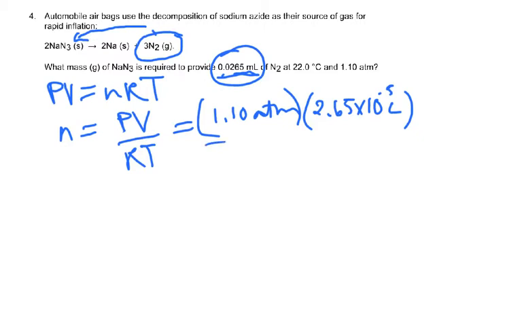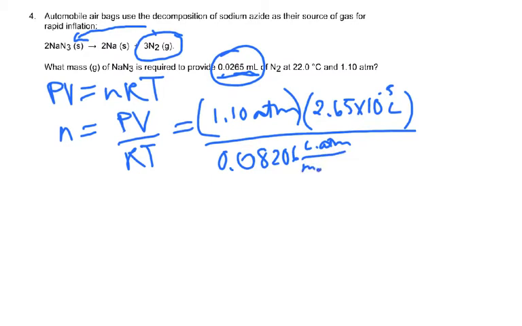And then times R, 0.08206 liters atmospheres over moles times Kelvin. 22 plus 273 will give us our temperature in Kelvin. Our Kelvin temperature is 295.15.